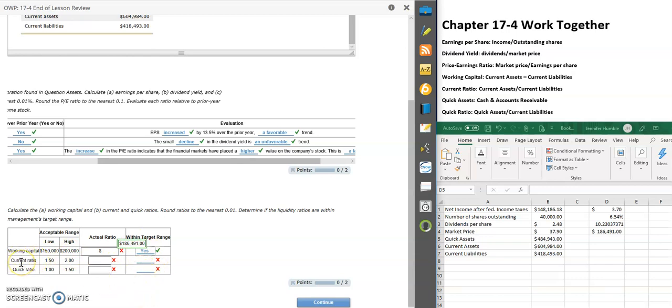Okay, current ratio. So kind of similar, except instead of subtracting, we're dividing. So you're going to take your current assets divided by your current liabilities. So again, equal current assets divided by current liabilities. And this needs to be a percent. So I'm going to come up here and change it to a percent, and it says to the nearest hundredth.